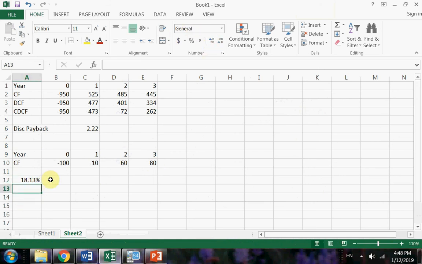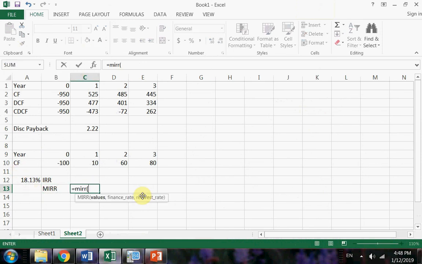If you want to get this modified IRR, then you need to use the MIRR formula of Excel, and still you have to select all the cash flows. The finance rate is your cost of capital. You can put it as 10%, and the reinvestment rate, that's the key part to distinguish the modified against the regular.